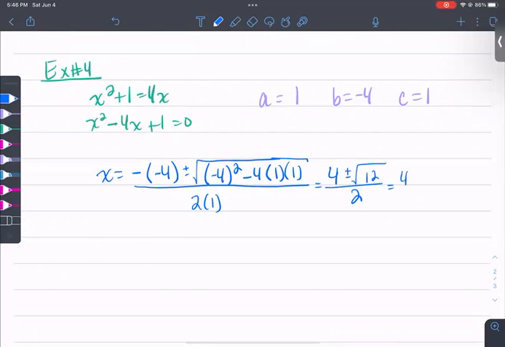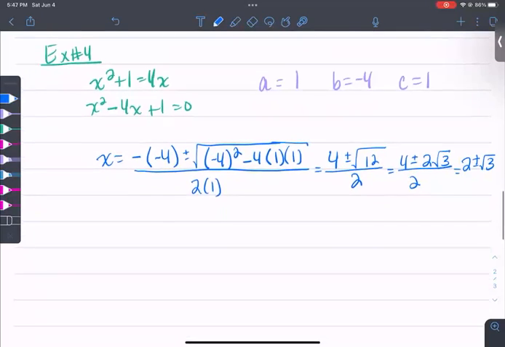So I could simplify that radical. The square root of 12 has a perfect square of 4. So I can square root the 4 out of the radical and get 2 times the square root of 3. And then I also noticed that the 4 and the 2 and the 2, all of those could divide by 2. So I could simplify even more to make it 2 plus or minus the square root of 3.